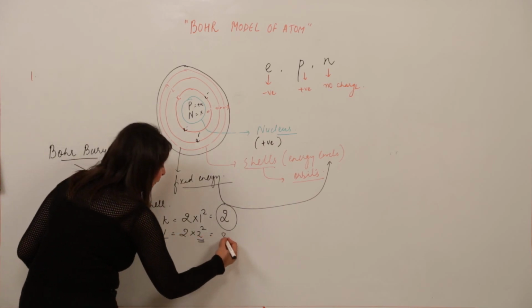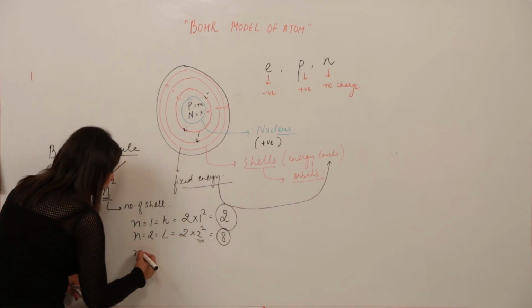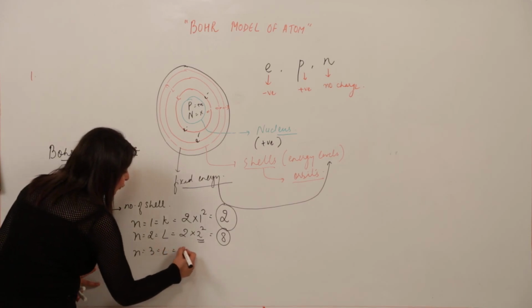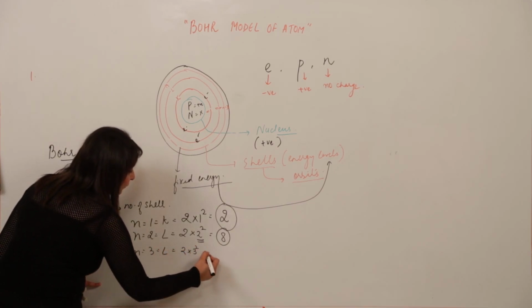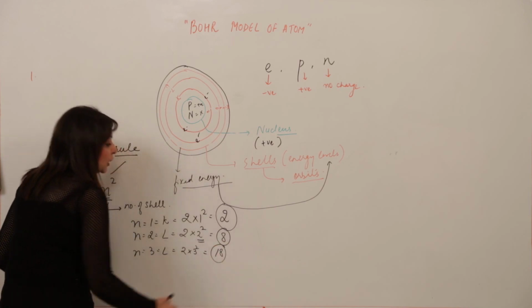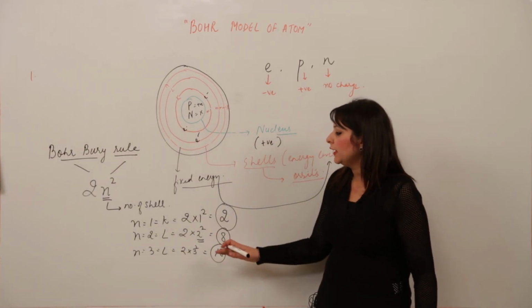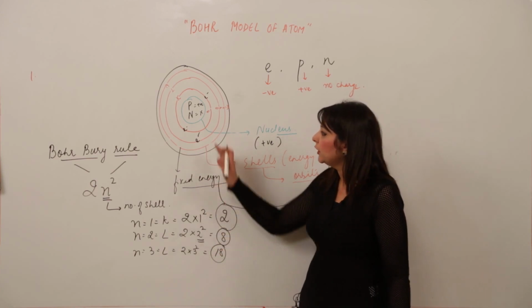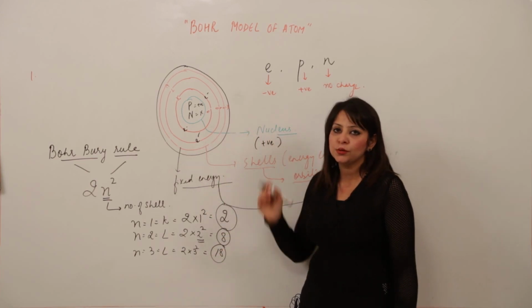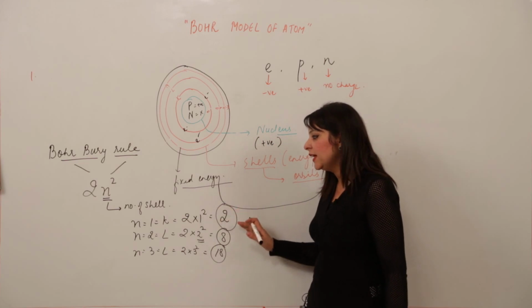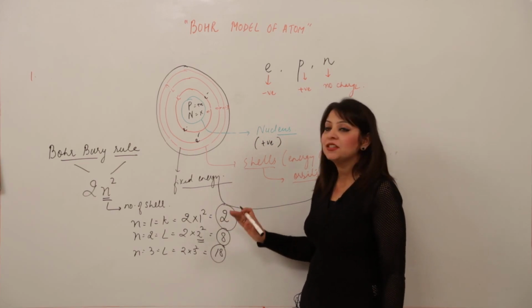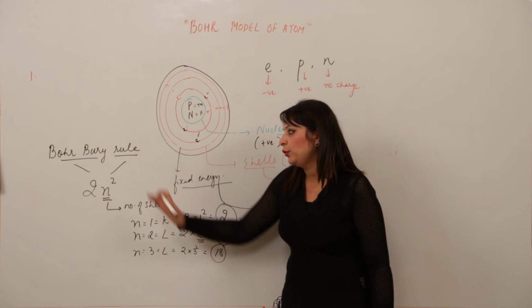So, it comes out to be 8. Similarly, for the third shell, I am putting 2 into 3 square. So, it comes out to be 18. So, these are the maximum electrons that a shell can accommodate. This is how you can calculate the maximum number of electrons for the different shells, K, L, M and so on. And by writing this, we can actually arrange the electrons following the Bohr-Bury rule.